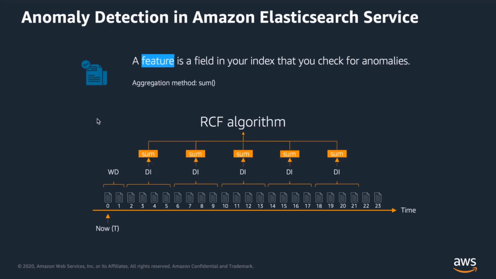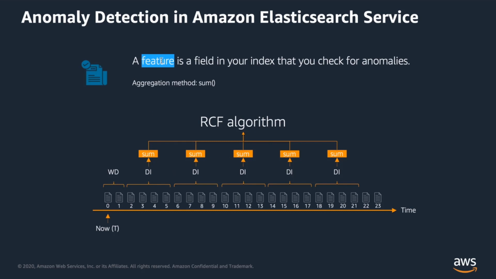The next concept to learn is something called a feature. A feature is nothing but a field in your data or in your index for which you want to learn what's normal and then detect whenever there's an anomaly in the values that are seen for that field. Building on that visualization, now we have the detector interval configured.